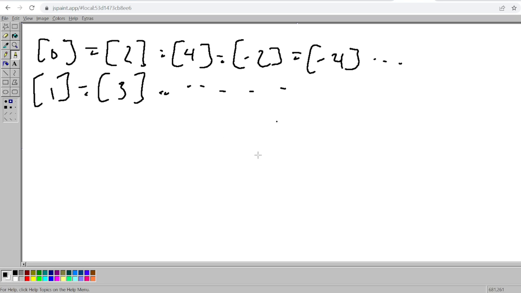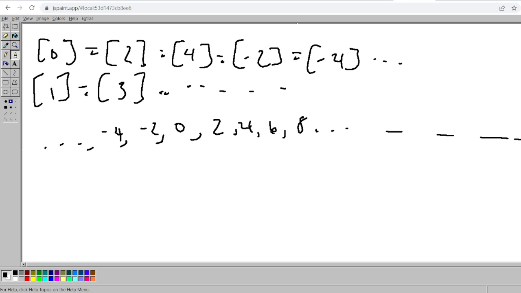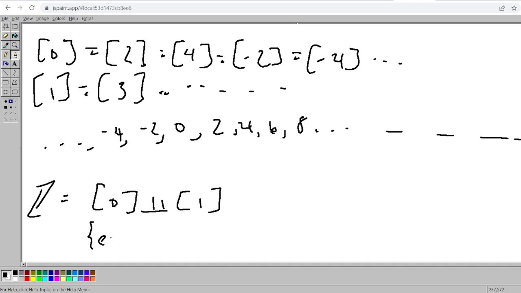So it'd be 2, 6, 8, and 0, -2, -4, and we know that Z is the disjoint union of the set of even integers with the set of odd integers. It makes sense.